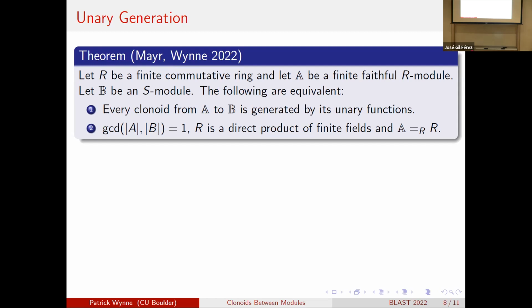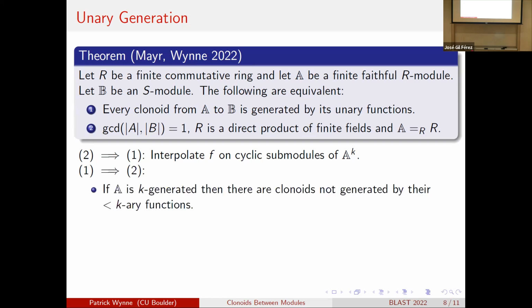And so just a sketch of this proof. To show that 2 implies 1 is essentially the same as the previous argument on the last slide. We're just going to interpolate some function by cyclic submodules of A to the K. It gets a little uglier when we have a product of finite fields here, but essentially the argument is the same. And now in the other direction, if A is generated by more than one element, say A is generated by K elements, then we can actually find clonoids that agree on their unary part, but disagree on their K-ary part.